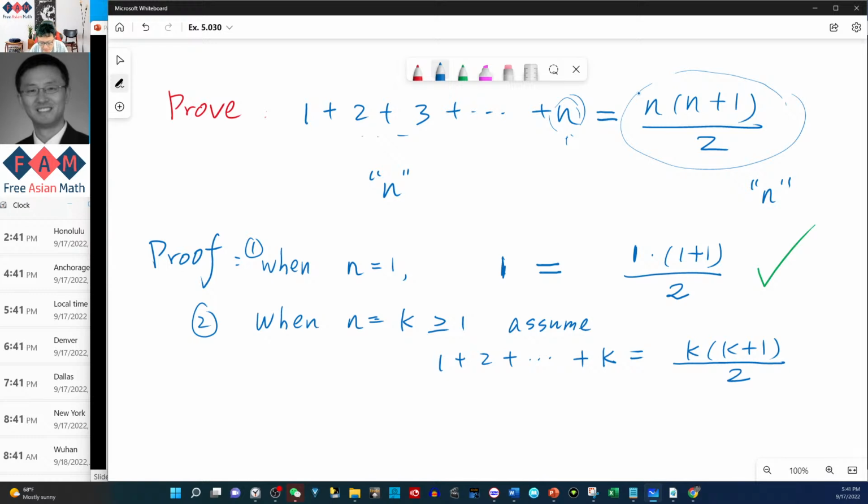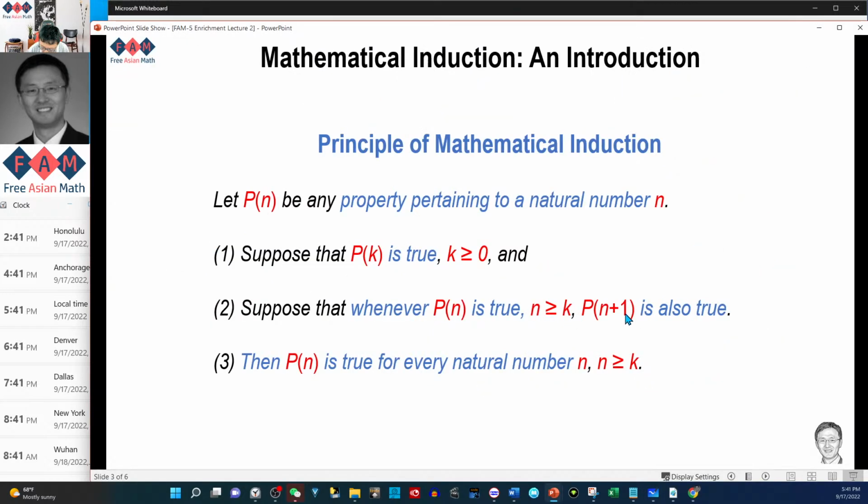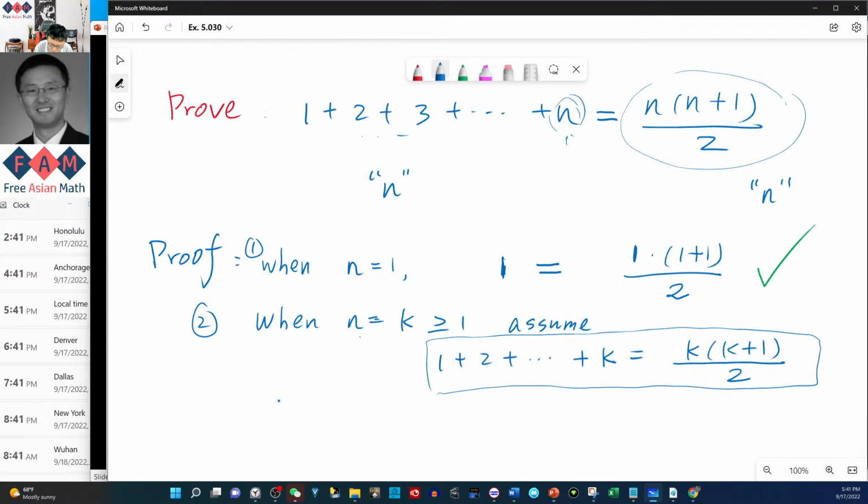You assume when n equals some k, this is generally true. But you need to prove the second part in this number 2. That is Pn plus 1 is also true. So now we need to show 1 plus 2 plus up to k plus 1.